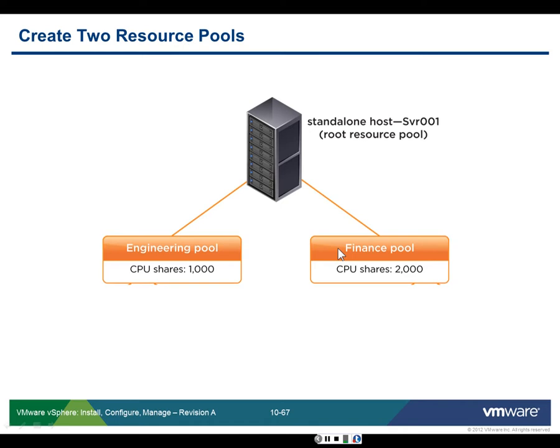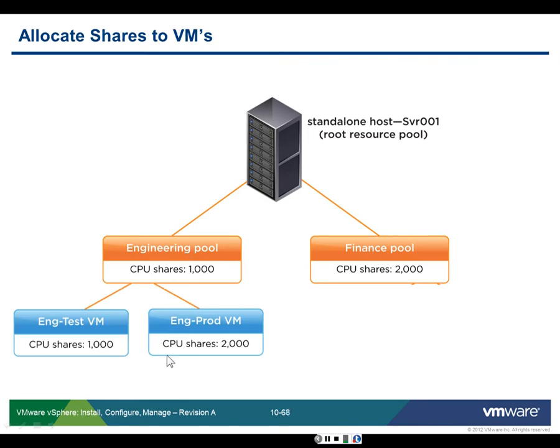So I go to the engineering pool and give that CPU shares of 1,000, and the finance pool and give it CPU shares of 2,000, and just as we previously discussed, this pool gets 1/3 of CPU resources. This pool gets 2/3 of CPU resources. Okay, now let's go into the engineering pool. Within the engineering pool, there are 2 virtual machines, and one virtual machine is more important than the other.